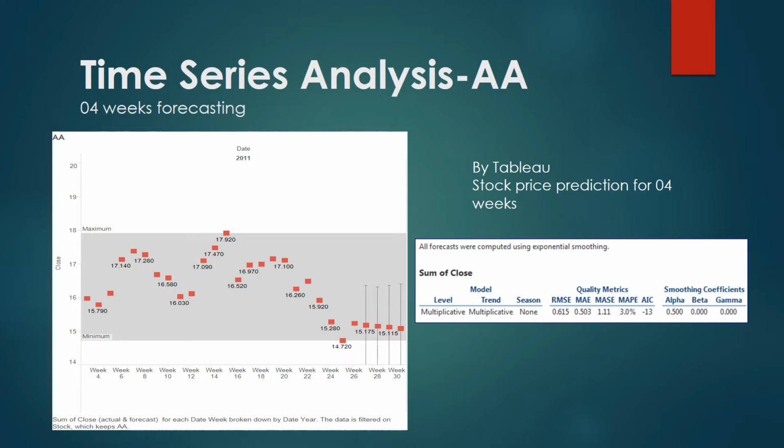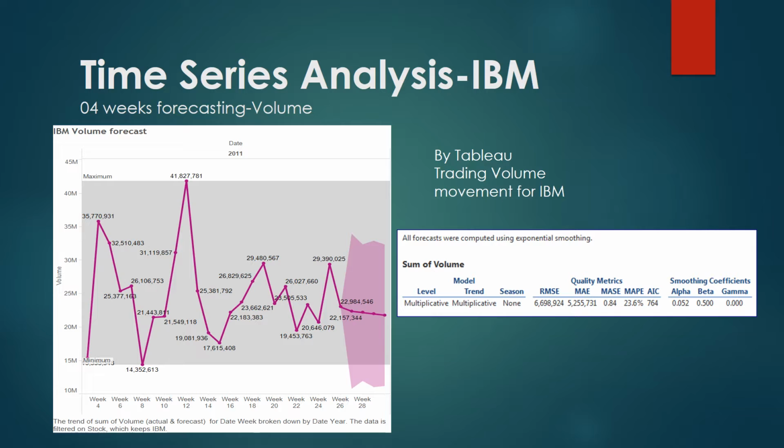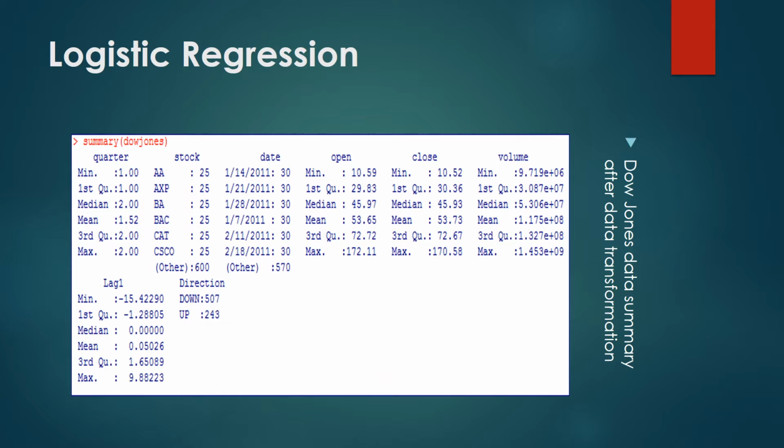Again, it had the same MAPE as CAT did, so it's pretty close as far as the models. When forecasting 4 weeks out, as you can see, the MAPE definitely increases, so that's to be expected.